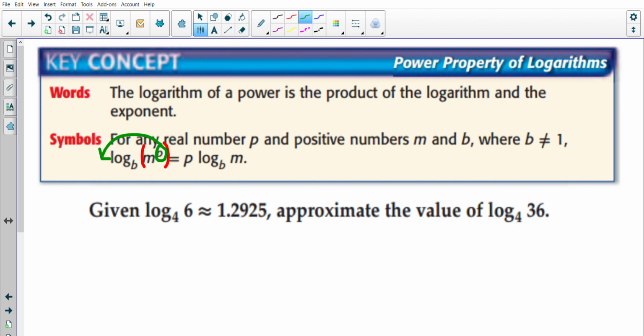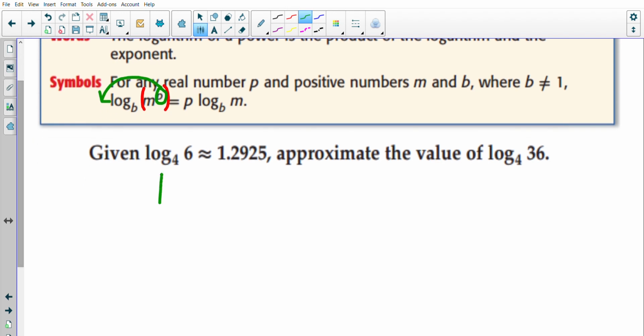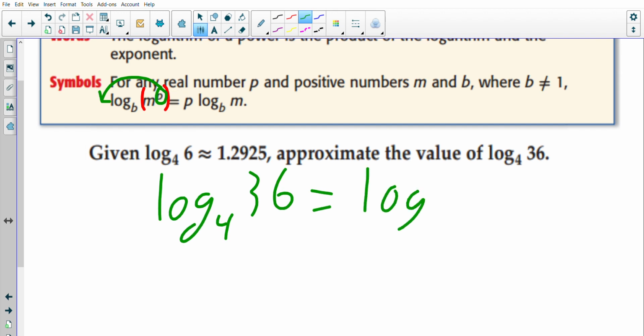So log base 4 of 6 is approximately 1.2925, approximate the value of log base 4 of 36. So we get log base 4 of 36, which can be rewritten as log base 4 of 6 squared. So that 2 can be multiplied out front.